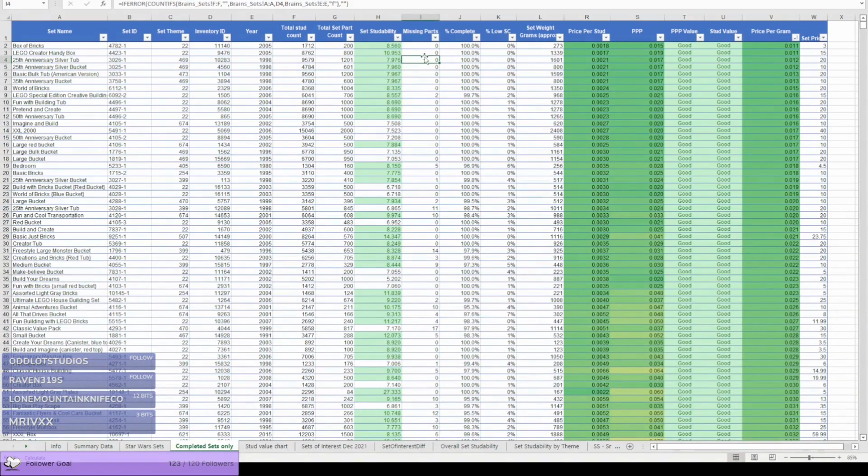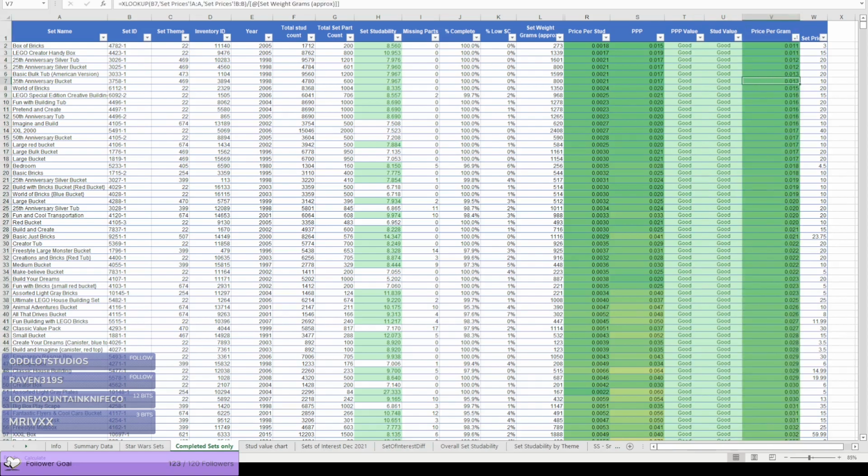This is where you can make sense of what's going on, because I've colored this. Price per stud here, price per part. This is kind of a variation on the traditional calculation of the valuation of sets. And then price per gram is over here.